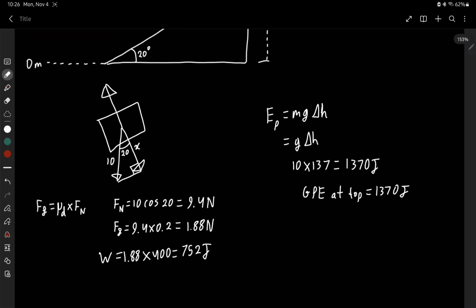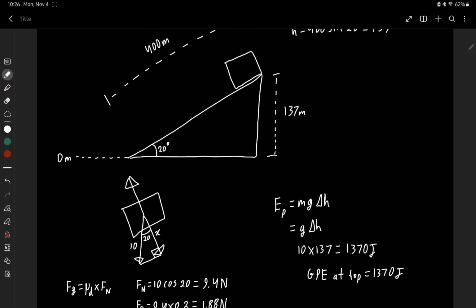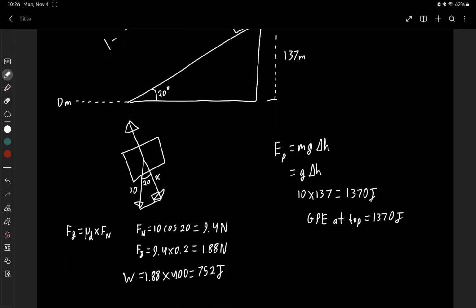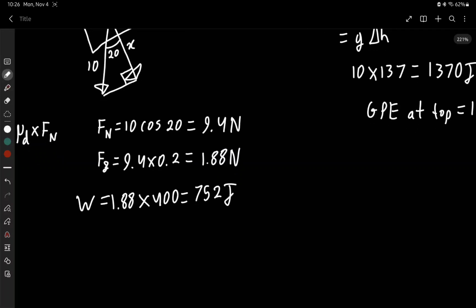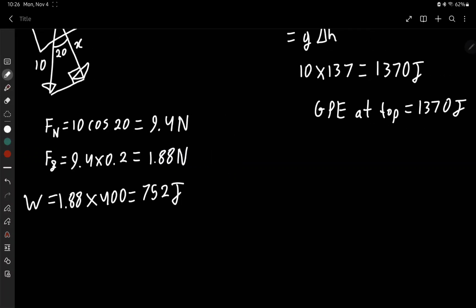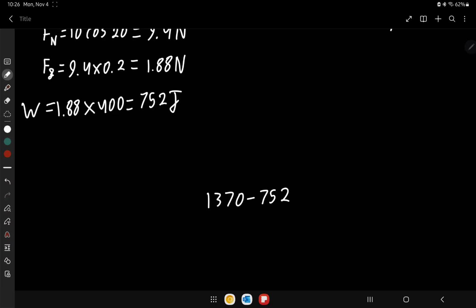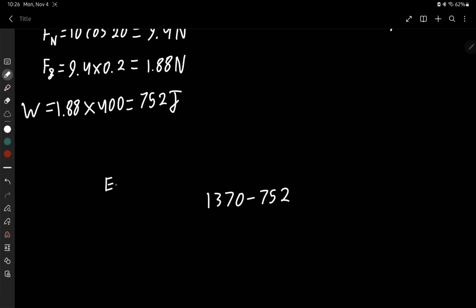What we can do is realize that at the start, kinetic energy is 0. At the bottom, gravitational potential energy is 0. Along the way, energy is lost due to friction, and the amount of energy is 752 joules. So we do 1,370 minus 752, that's the energy at base.